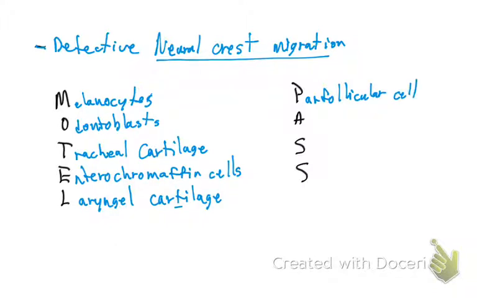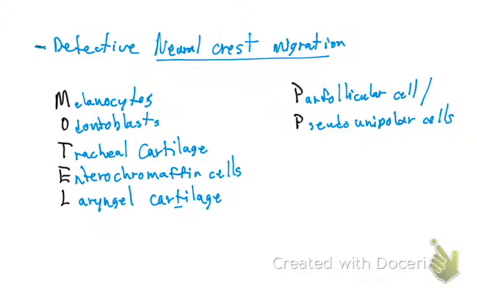Then the other P I will put at the bottom so that we can remember better and have more room: the other P is for pseudounipolar cells. It will be good to know what that means.